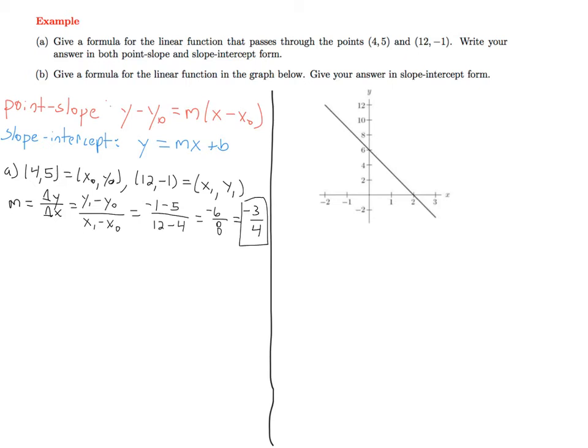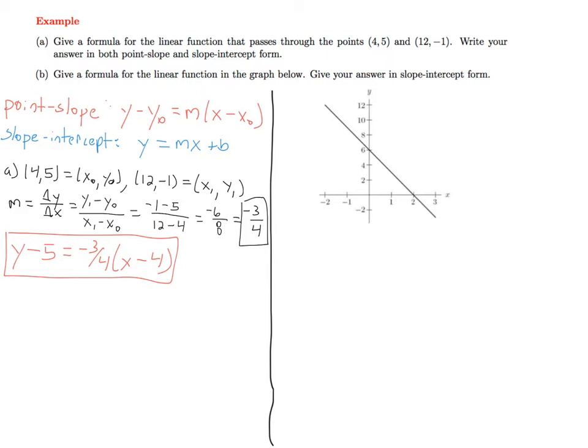So now if I'm giving this in point-slope form, I would have y minus y0, which is 5, is equal to m, -3/4, times (x minus x0), which is 4. And here's one way to write out the point-slope form. Okay, and it's not unique.